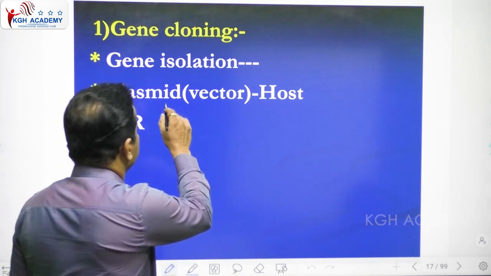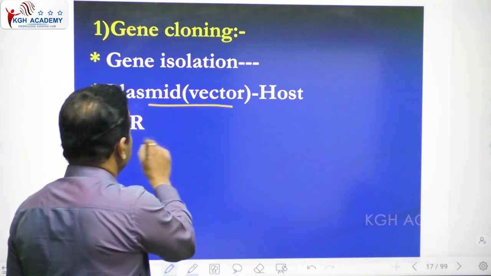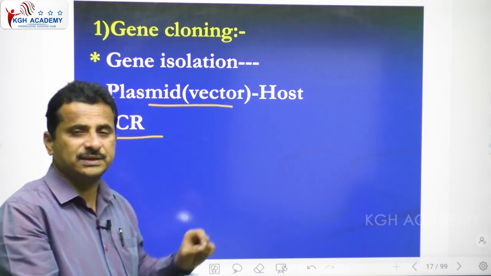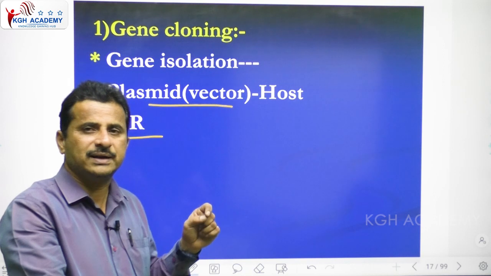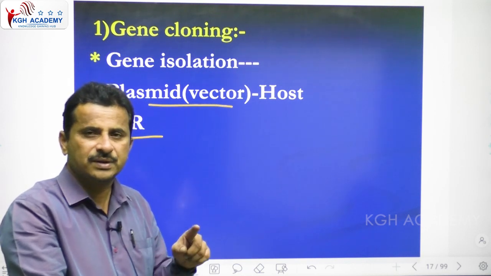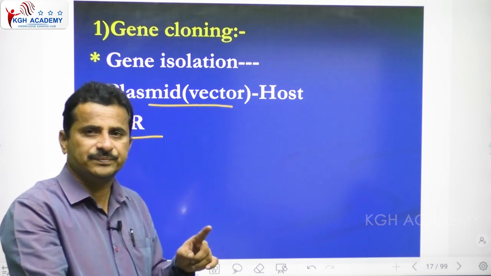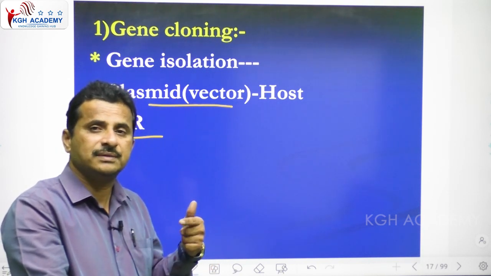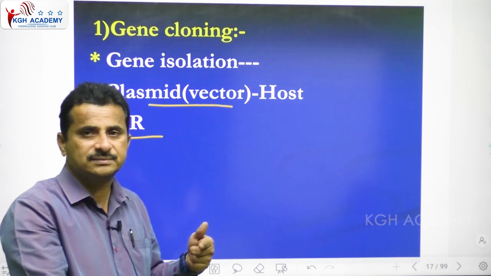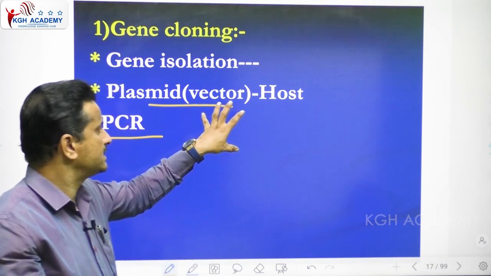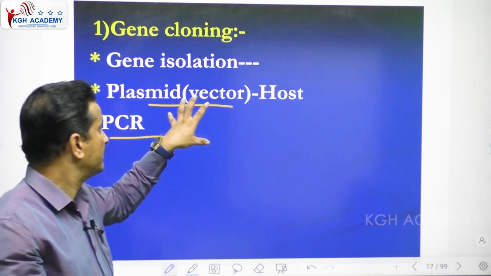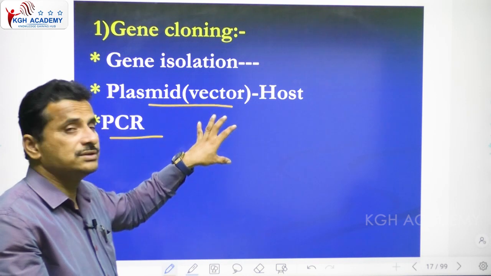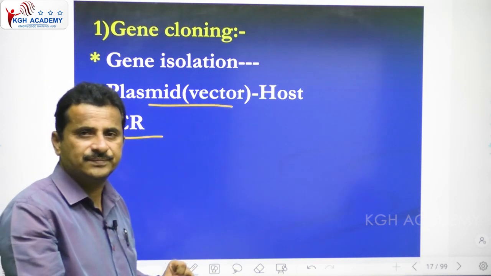One is by using vectors, the second one is PCR machine. First, the vector method: by inserting a vector into the host, we can generate lakhs of copies of our same gene. Here I am giving a detailed analysis of how we can produce gene copies by vector methods.